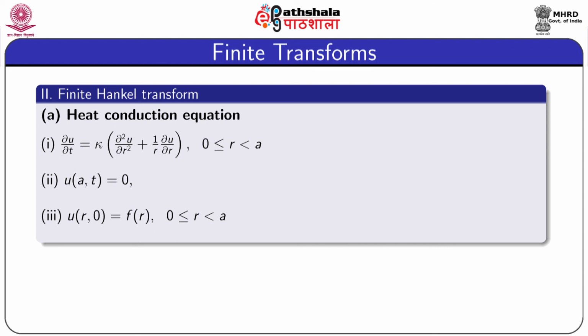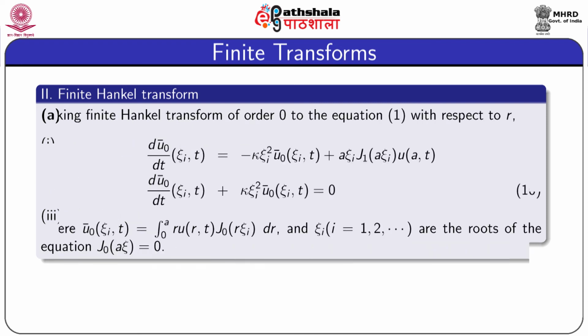Now, we want to apply finite Hankel transform. For that, we first take the finite Hankel transform of the given equation. So, we multiply the equation by r into j0 and then we integrate it from 0 to a, and we obtain the equation for u0 bar, which you can see in the first line of this slide.